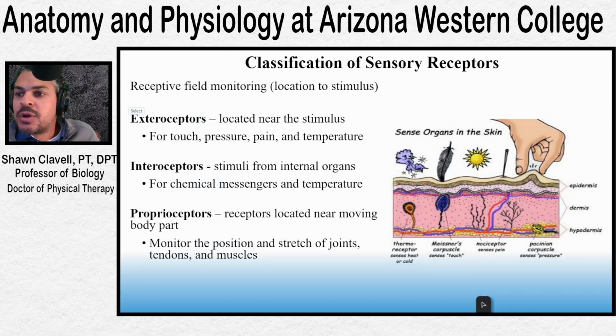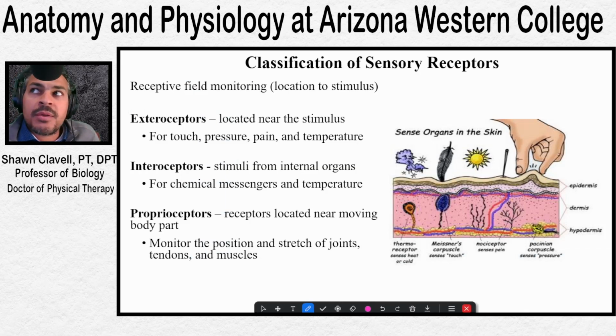I'll pull my little drawbox down here, and we'll talk a little bit about the classification of receptors in terms of their location relative to the stimulus, or what we might call the receptive field, right? So where is what they're monitoring? You can imagine that you have receptors on your skin that are called exteroreceptors.